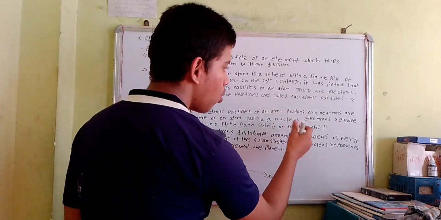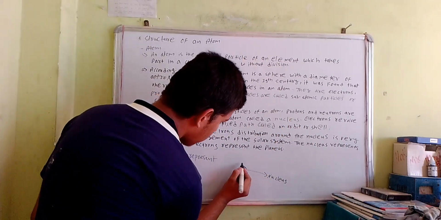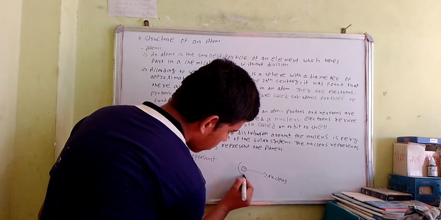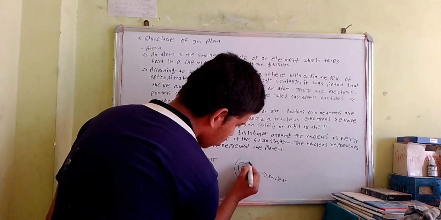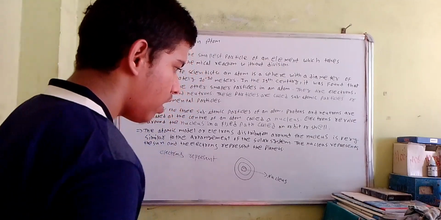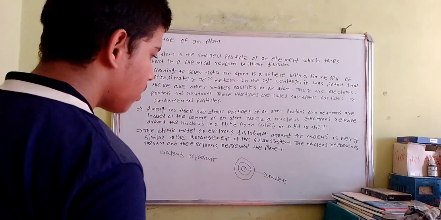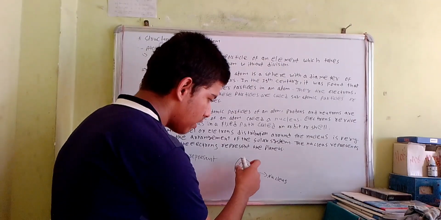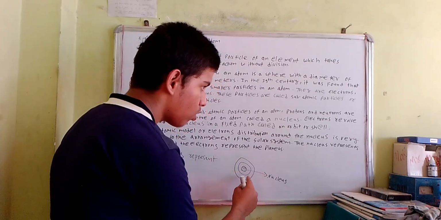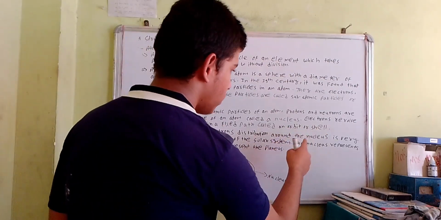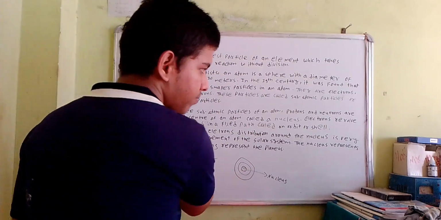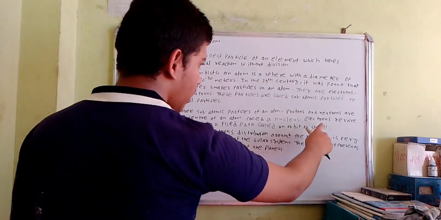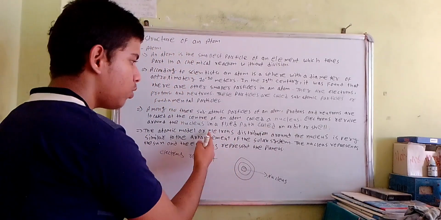So they are a path like this. You can see in an atom there is a nucleus and there is a path, or you can call it orbit or shell. These paths are called orbit or shell, and electrons revolve around the nucleus in this path.